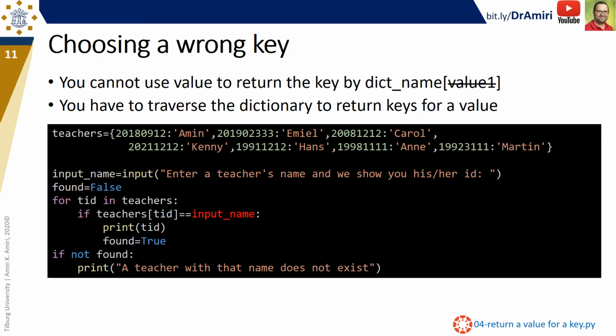However, if you want to give the name and get the teacher ID, then you shouldn't create it as you see here. The name must be the key, the first part of an item, and teacher ID must be the second part of this item, to be written after the colon.